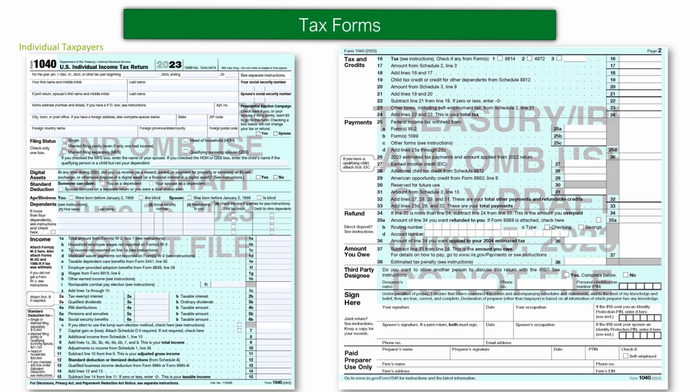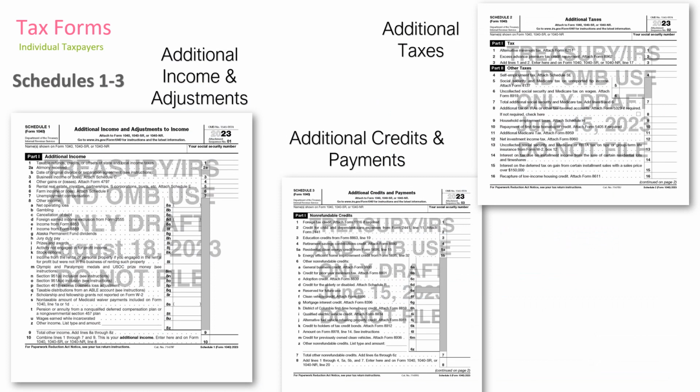U.S. individual income tax returns are prepared on Form 1040. This is where you can find the most important information about a client's tax return, like their filing status, income, deductions, and tax credits. Though most of the important information is located on Form 1040, some clients will have more reported on Schedules 1, 2, or 3.